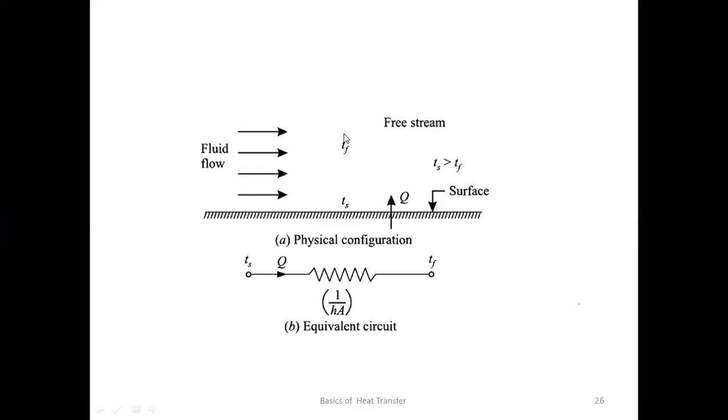Surface temperature is denoted by Ts. If Ts is greater than Tf, surface temperature is greater than fluid temperature, then heat will transfer from surface to fluid.